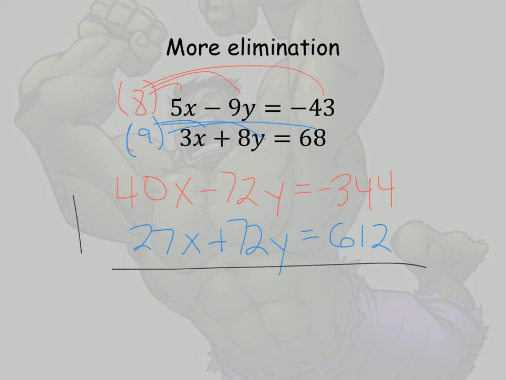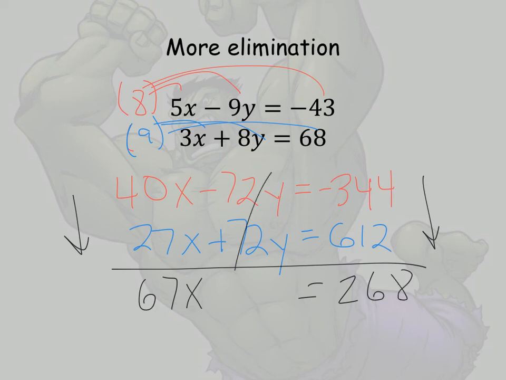If we just add down, we can eliminate this y variable, because 40x plus 27x is 67x, and then 612 minus 344 is 268. These, of course, get eliminated.